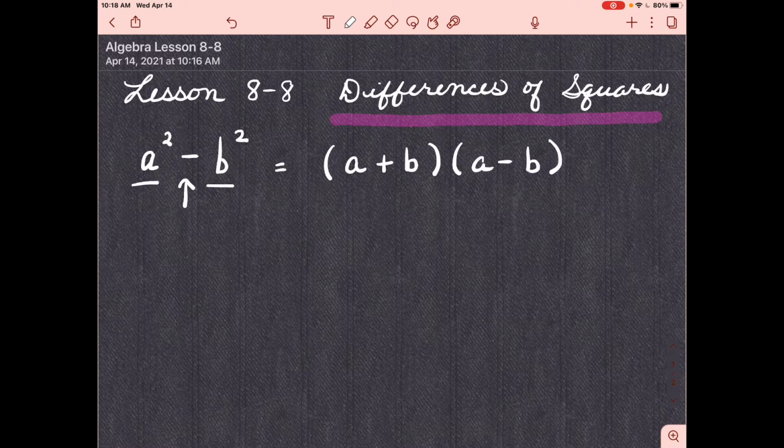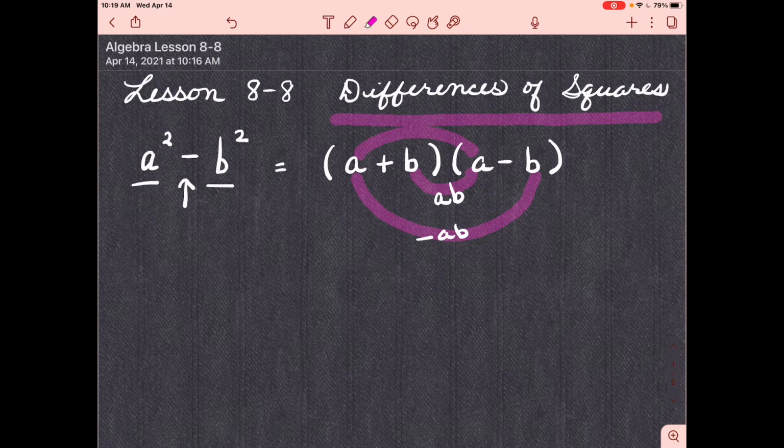And if we do FOIL, we can see why that happens. A times a gives us the a squared. A times b gives us a negative ab. And b times a gives us a positive ab.